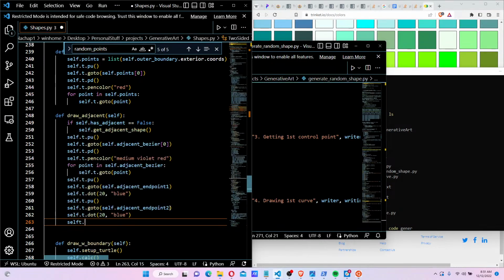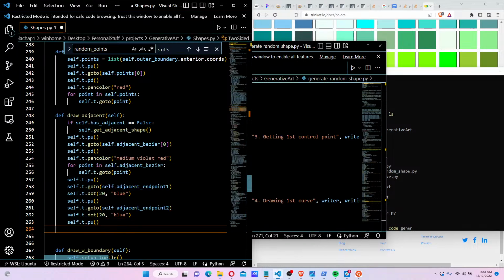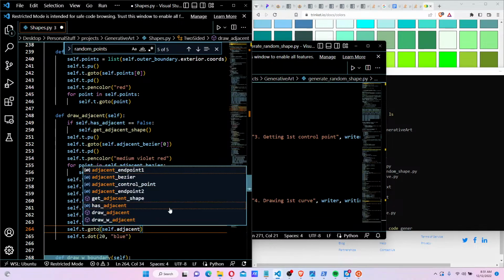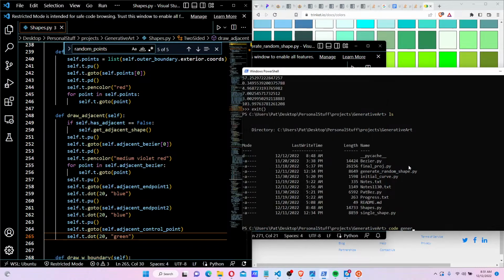Then pick up the turtle again. And now adjacent control point. And then that dot should be green. So control point's green, adjacent points are blue.